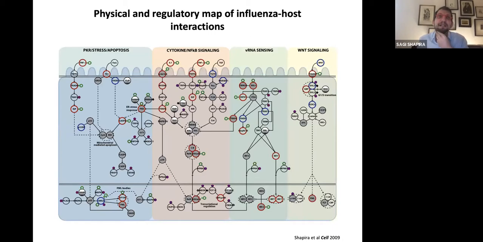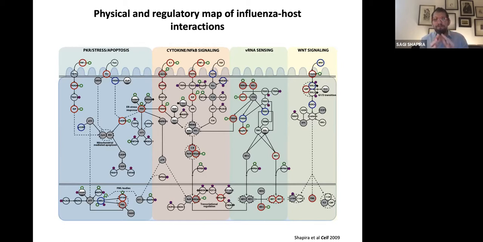Now, as Al pointed out, I did my postdoc in Boston near Hakohen's lab together with Aviv Regev. One of the things that I was interested in is learning about pathogen host interactions. As I said, we were interested in viruses at the time. What we did was apply an approach that would allow biology to guide discovery of key regulators in influenza pathogenesis.